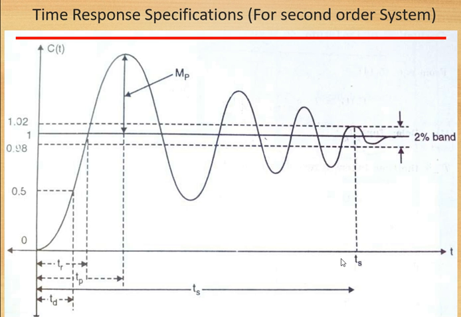So while designing a system, please see that the settling time is as small as possible. If TS is small, the system will acquire its desired output very fast, and if TS is larger, the system's response will be slow, meaning it will take more time to acquire its desired value. That is the important point I want to add here.